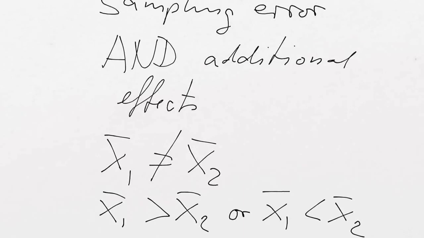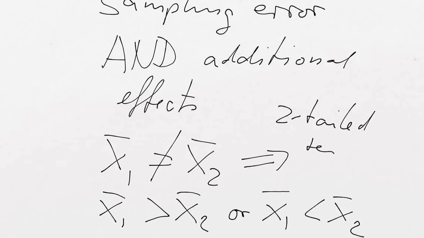So I've got two options here, and when I phrase it like that, this refers to a two-tailed test, because I've got two options.